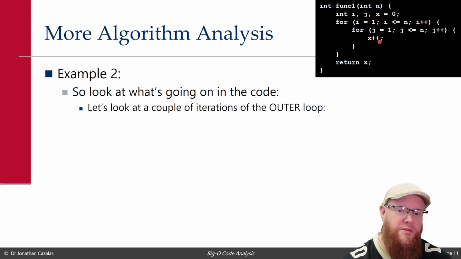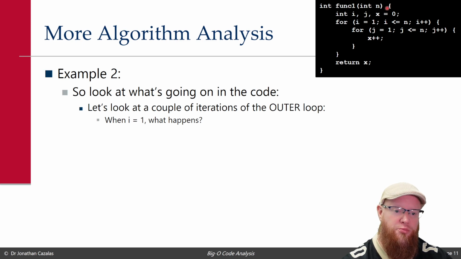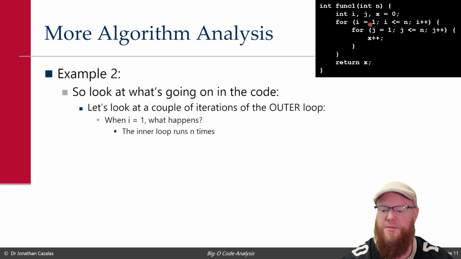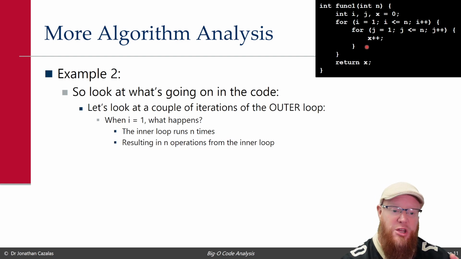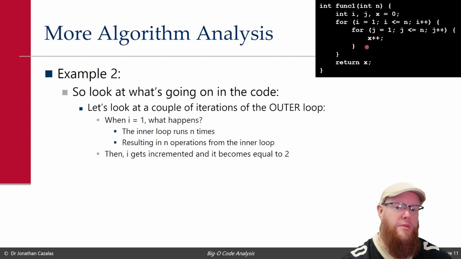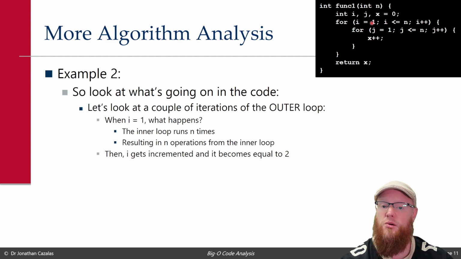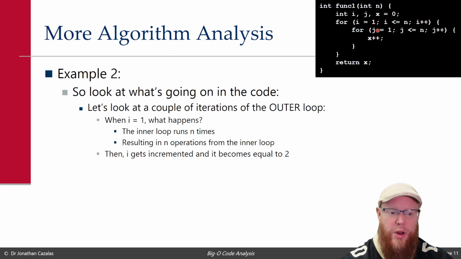So let's look at a couple of these iterations of the outer for loop. When I equals 1, what happens? What happens is this inner for loop runs n times, and each of those n times it does a single operation, right? So we have n operations of that inner for loop. Then the outer loop gets incremented, I is now 2, and when I is 2, what happens again?